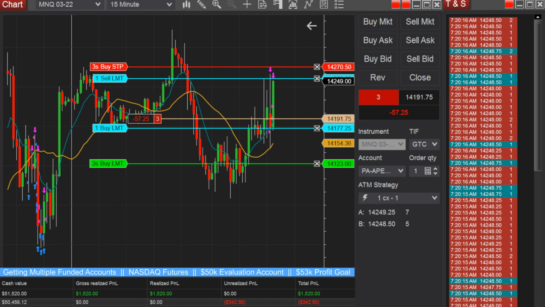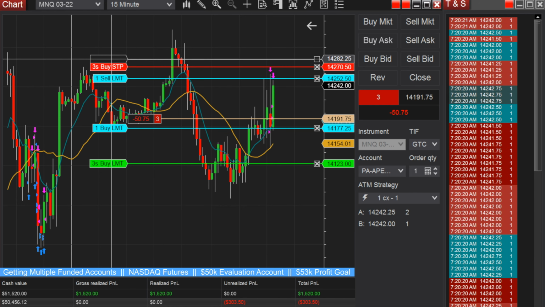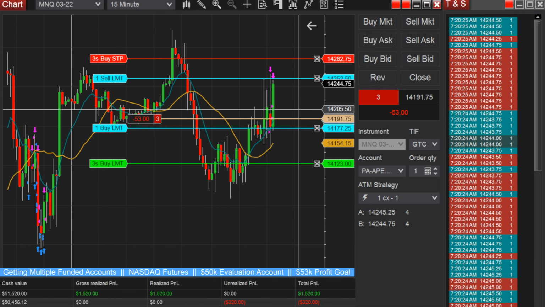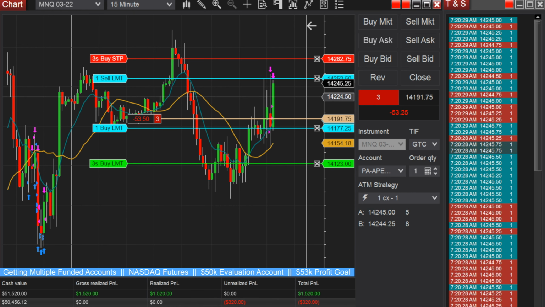So yeah, I'm incurring quite a bit of drawdown. The 280s again look like a really solid level for this setup.